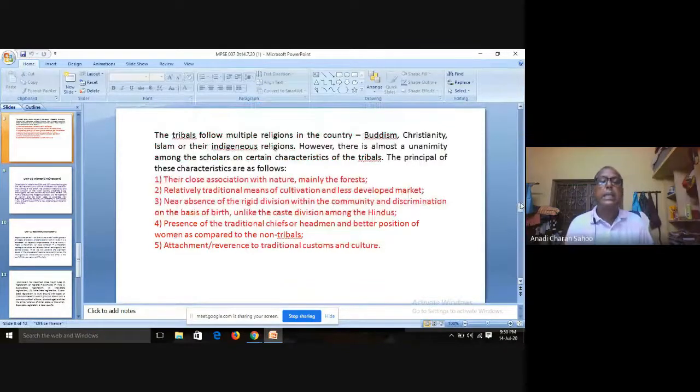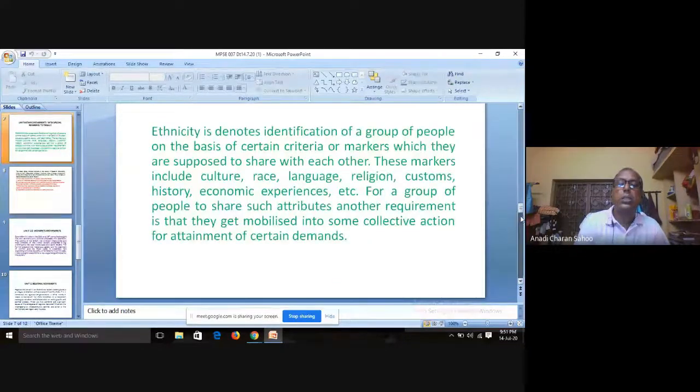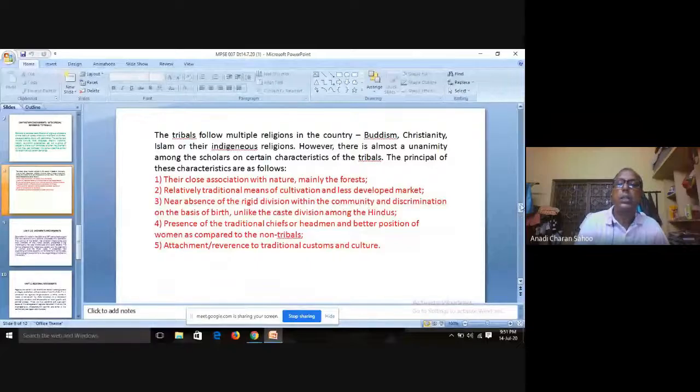You can see this slide. The tribals follow multiple religions in the country: Buddhism, Christianity, Islam, or their indigenous religions. They are present.